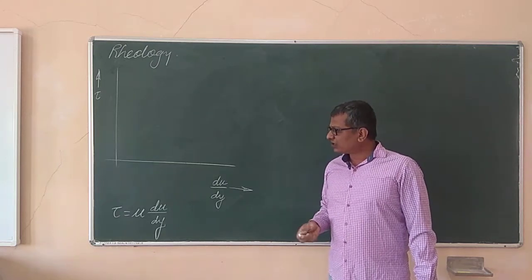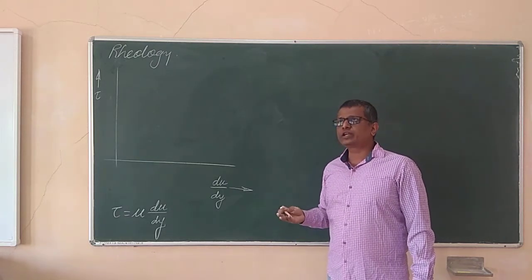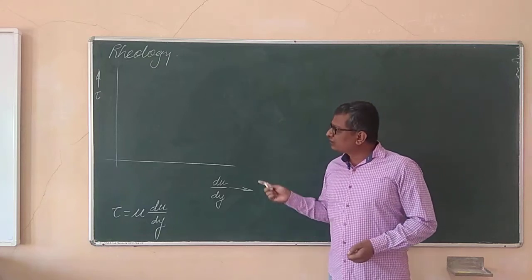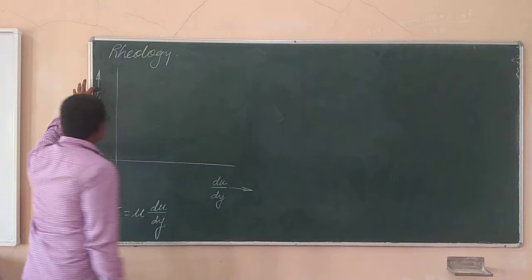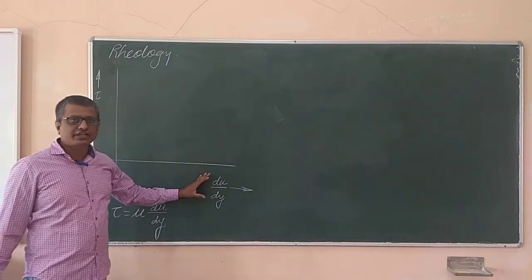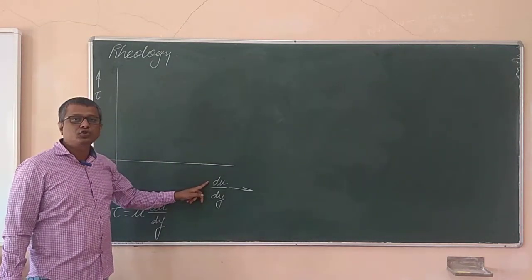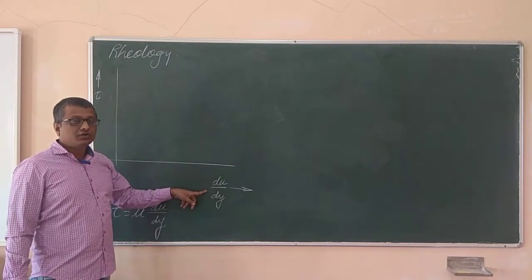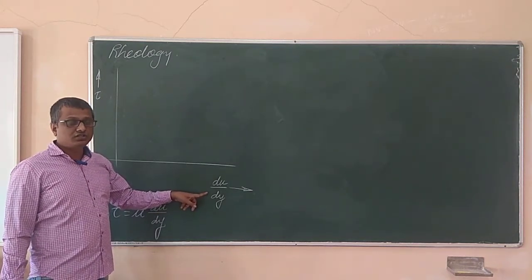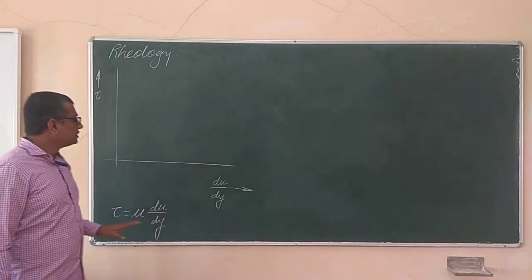Now, not simply Newtonian and non-Newtonian, there are some other types of fluids also that we will see with the aid of this variation of shear stress in the fluid with respect to the velocity gradient. Hope you remember this term, du by dy, the velocity gradient, that is the rate of change of velocity with respect to the distance from the fixed layer, right?